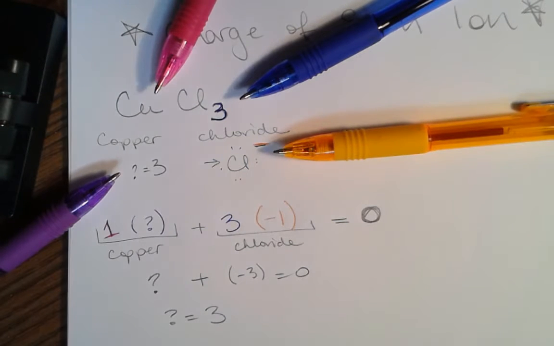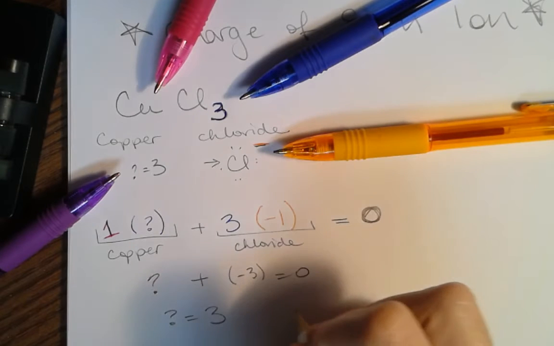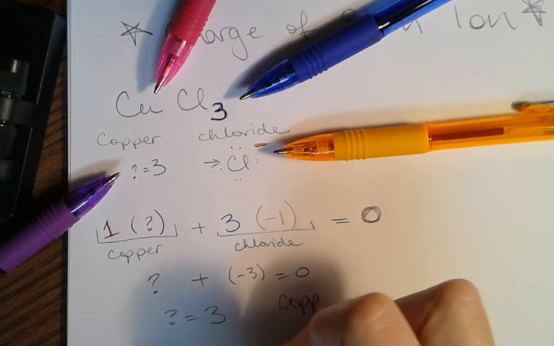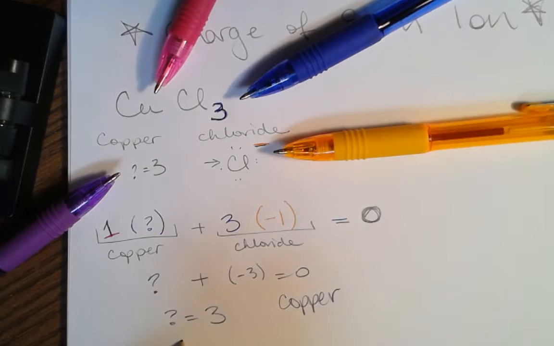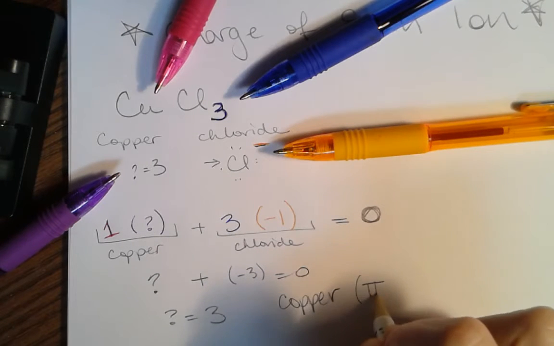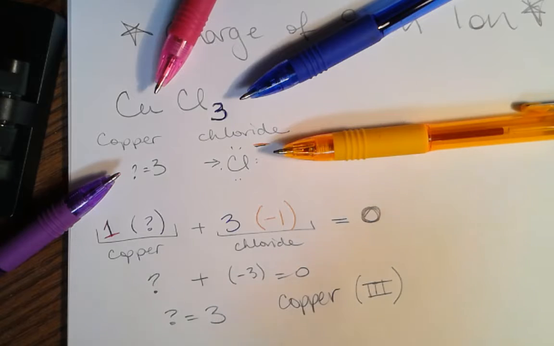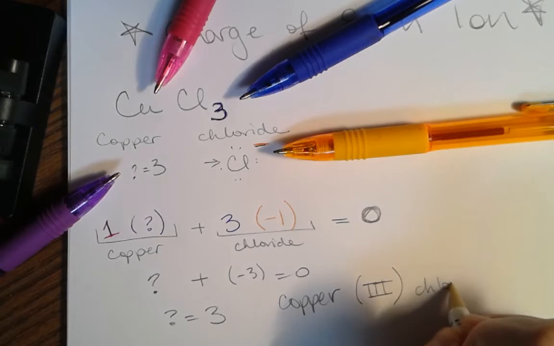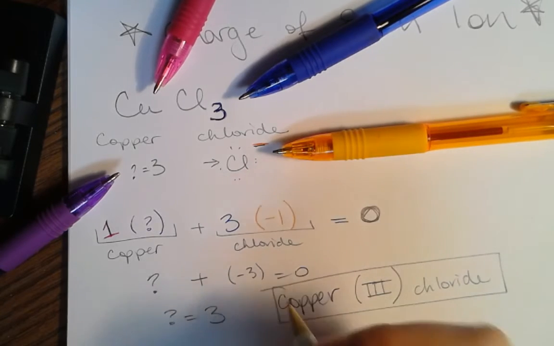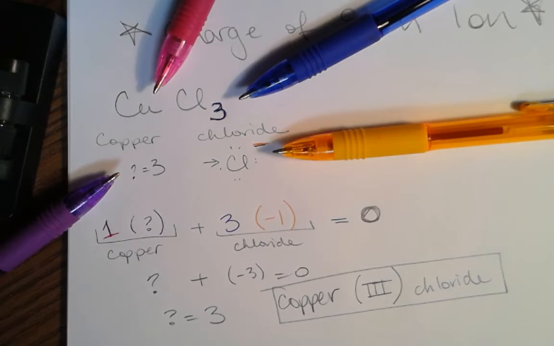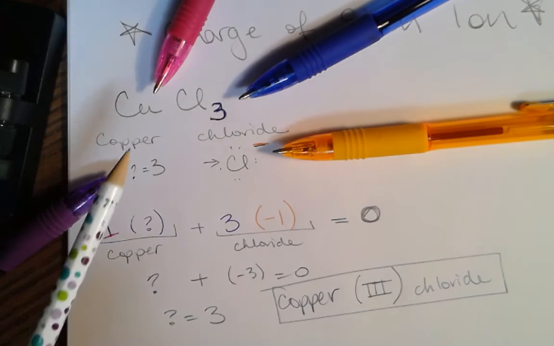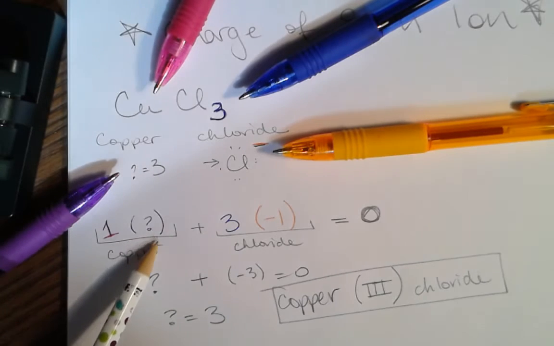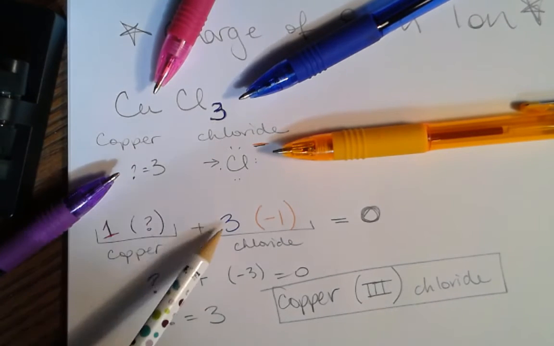When we write that as a name, we're going to write copper. There's our charge of 3. 3 chloride. 1 copper with an unknown charge neutralized 3 chlorides, each with a charge of -1.